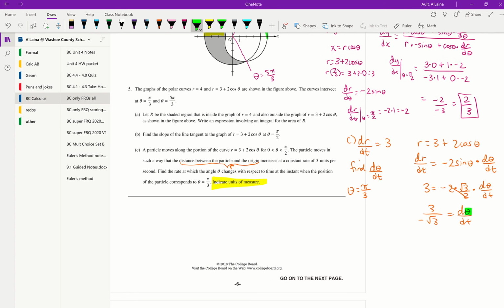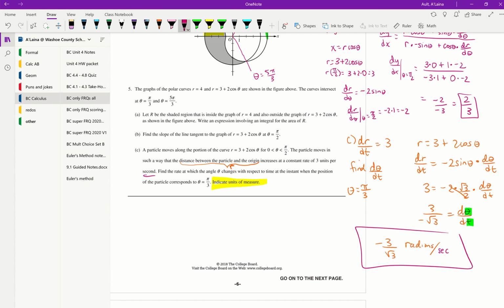So this is -3 over √3, or you can rationalize it. Well, theta, any angle, is measured in radians per time, which is measured in this problem in seconds. So there's our units of measurement.